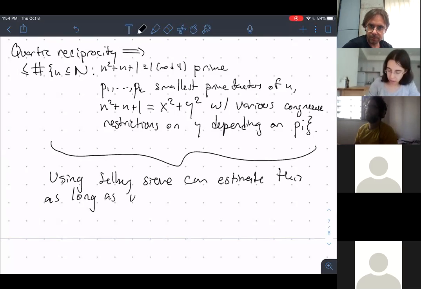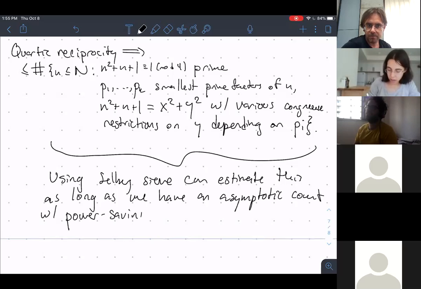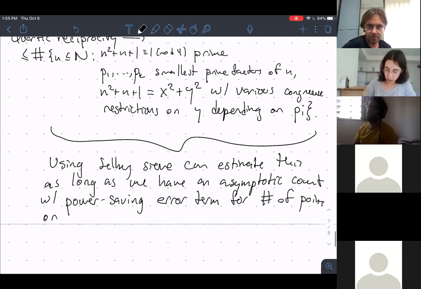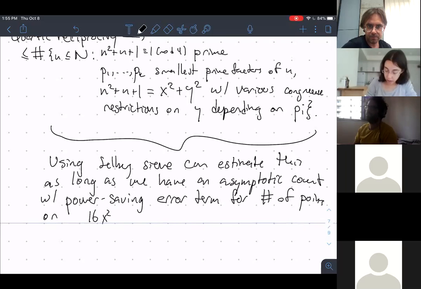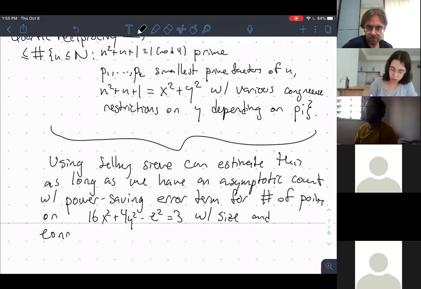As long as we have the count with power saving error term for the number of points on the hyperboloid 16x squared plus 4y squared minus c squared equals 3 with some size and congruence restrictions on x, y, and z, depending on these primes pi.